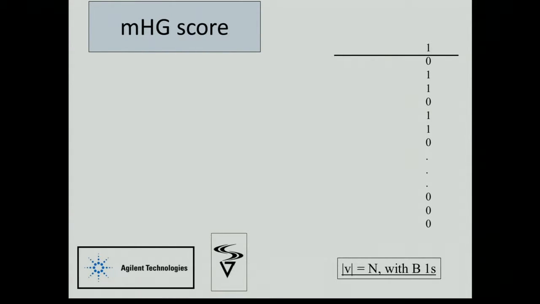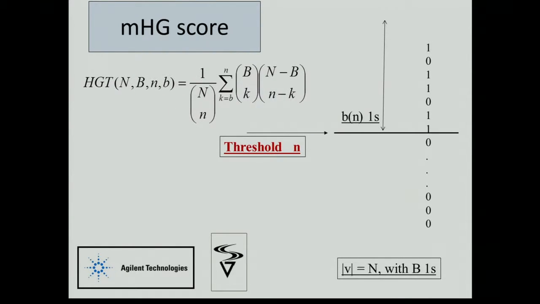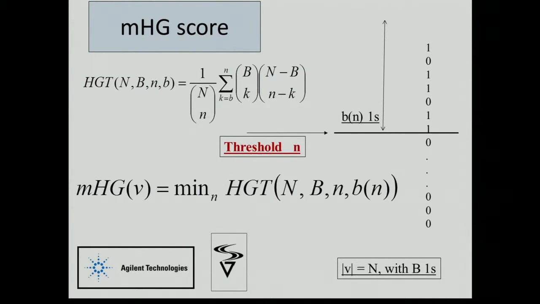Now I look through all possible thresholds in these binary vectors, and at each threshold I count the number of ones that appear above this threshold and compute a hypergeometric p-value for that event. That's easy to do. And then I will take for all these possible thresholds the minimum observed hypergeometric p-value.